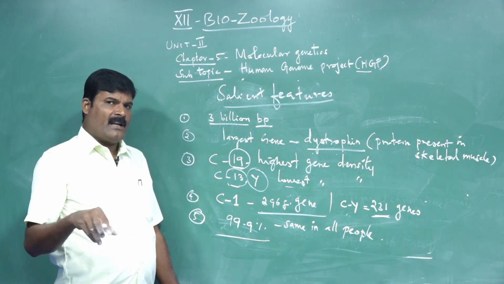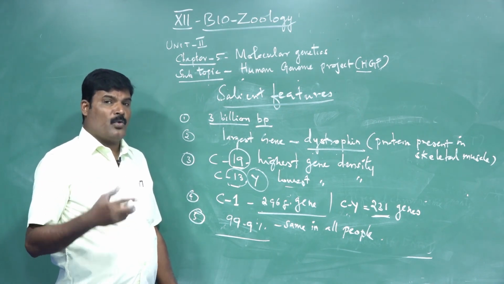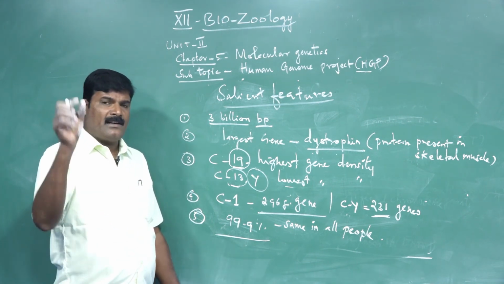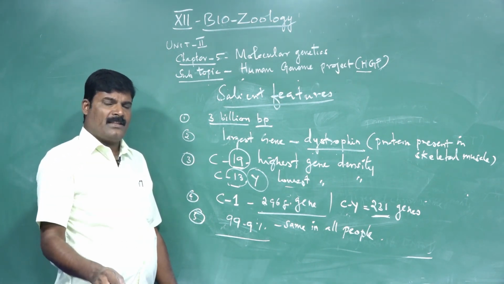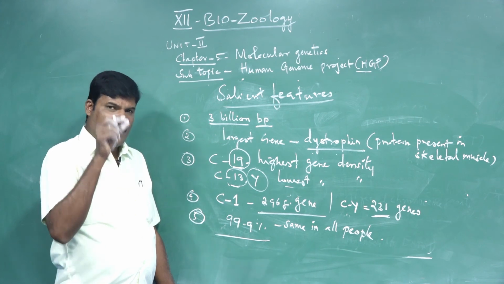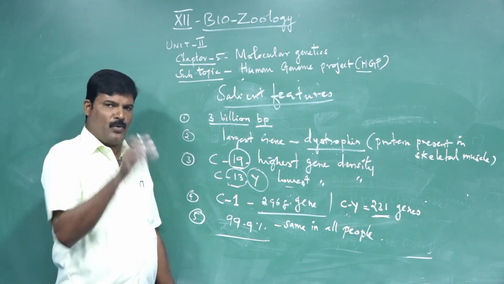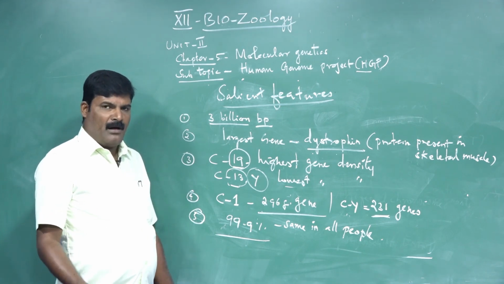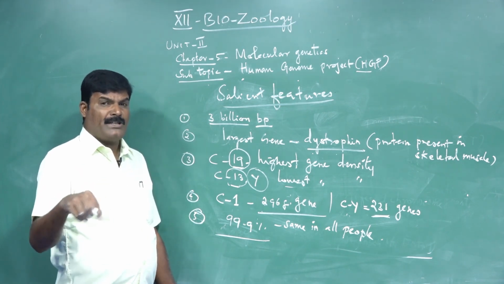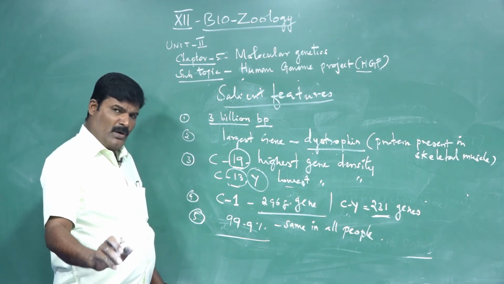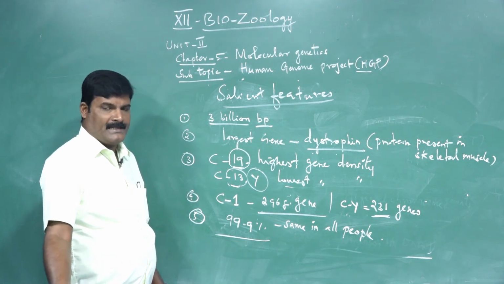Microsatellites are repeated and do not directly code for proteins. Already I told you about coding genes and non-coding genes. Coding genes contain information for protein synthesis, that is, they code for proteins. But non-coding is not for the functioning of the genes. Here, the repeated portion has no direct effect on coding for proteins.